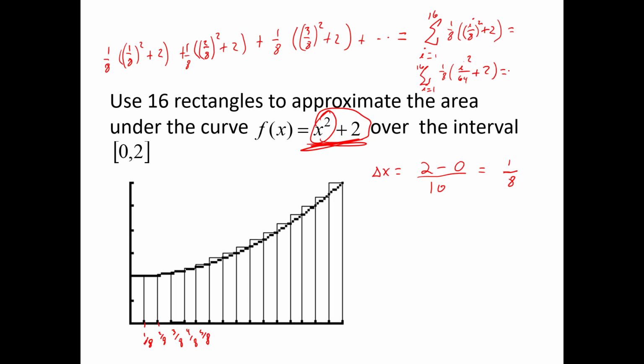Okay, and so then you put in your formula, and your formula is 1/8, 1 divided by 8, times, and then you have a parenthesis, just like you have it there, x squared. You use x instead of i, divided by 64, plus 2.